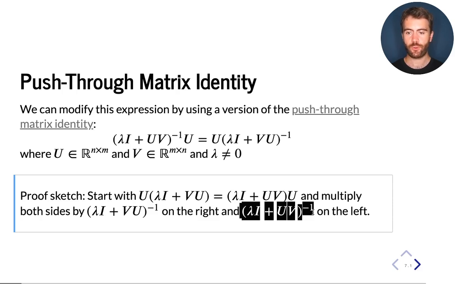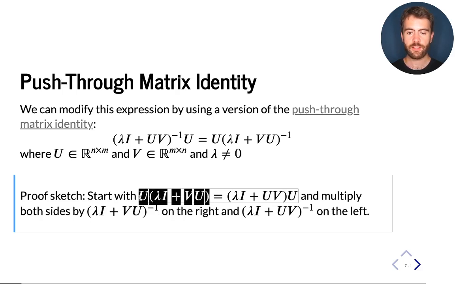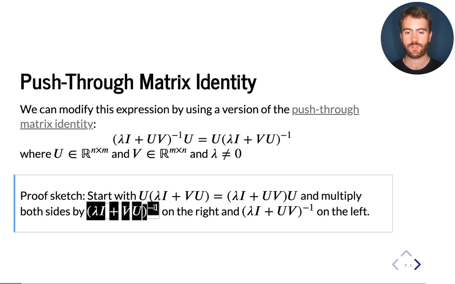As a result, we are going to obtain the following identity. When I multiply by this term on the right, I am simply taking the left-hand side and multiplying by this matrix from the right, which means this matrix is getting multiplied by its inverse, so it cancels out. So on the left I have U, on the right I have this inverse that is now multiplying U from the right. Now I do the same thing with this matrix but multiplying it from the left, and you can convince yourself that this gives us the following identity.